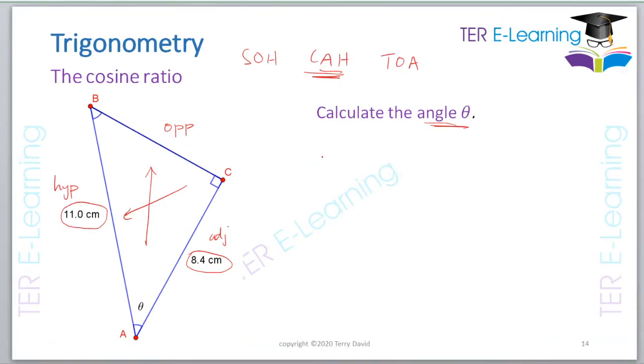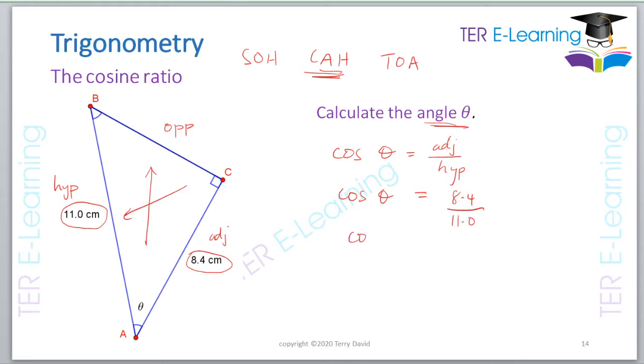I'm going to say cos theta is equal to adjacent over hypotenuse. That's how we're going to start it off. We start off by writing what the ratio is first of all. So cos of my angle, which I don't know, it's theta. My adjacent in this case is 8.4, divided by my hypotenuse, which is 11.0.